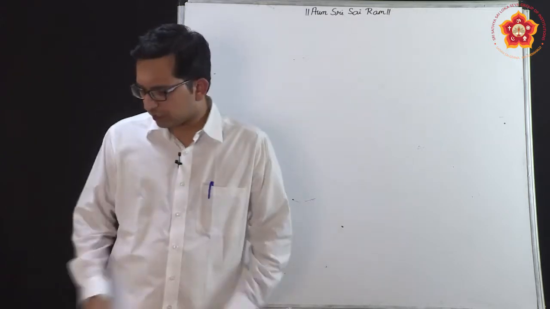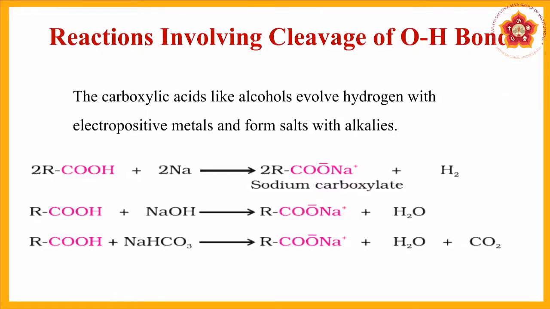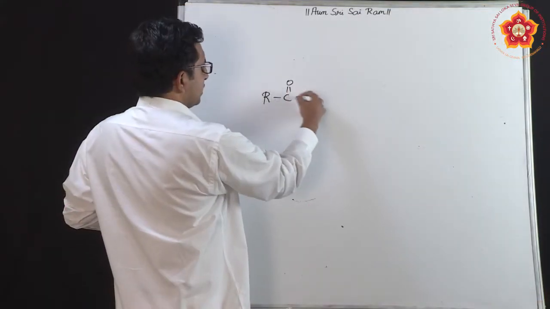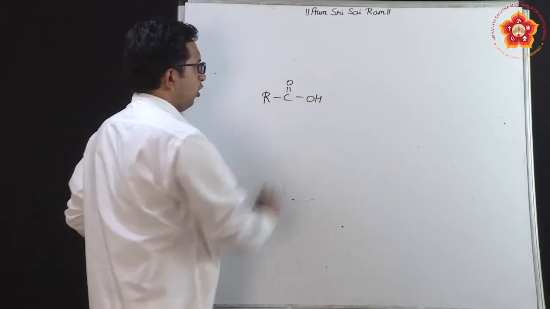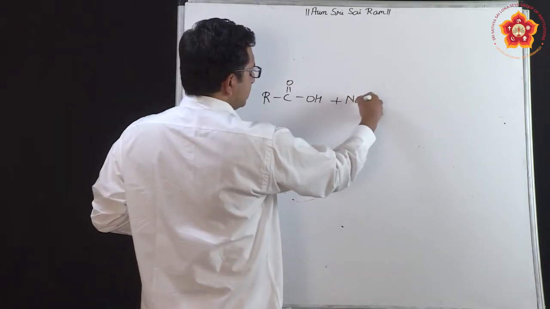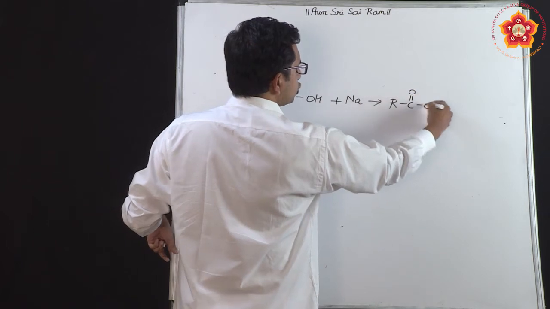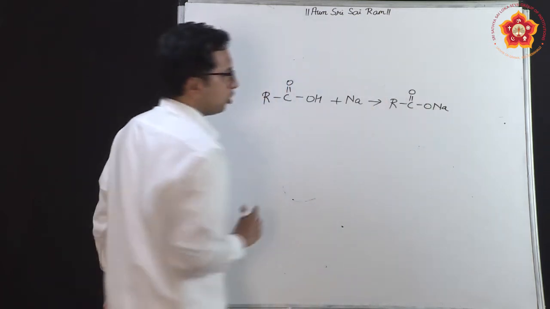So, let us see what the major aspects in this study are. For a simple starting reaction, suppose an acid is treated with a metal like sodium. The carboxylic acid has a general formula RCOOH, and when it is treated with metal sodium, we get its corresponding sodium salt.